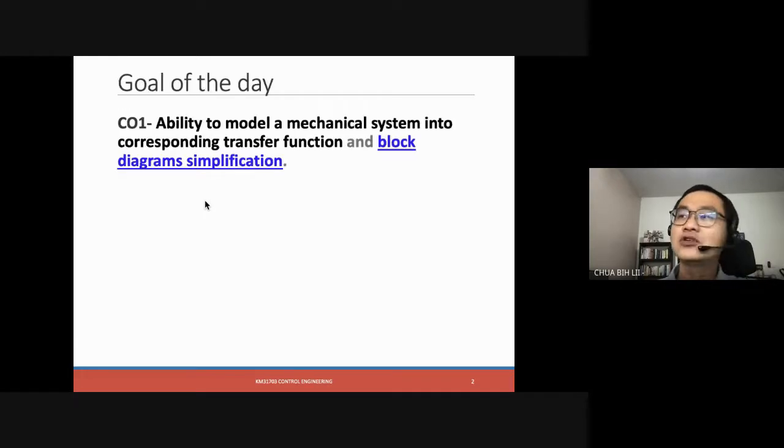When we combine them together, we need methods to combine them properly, so that even though they are visually represented by blocks, they can easily be combined into simpler blocks. So the second objective of this course outcome is, after you model the mechanical system, you would like to simplify it as well: block diagram simplification.